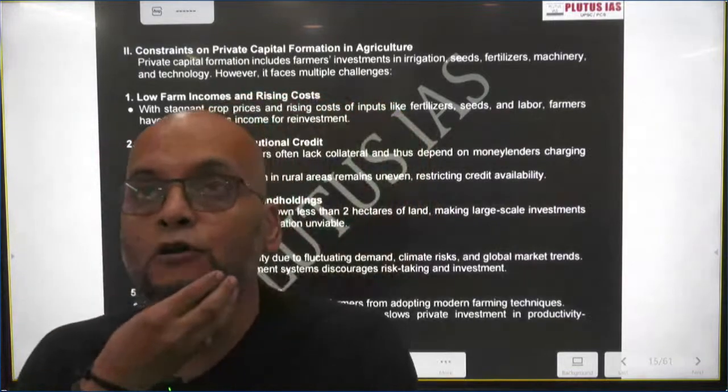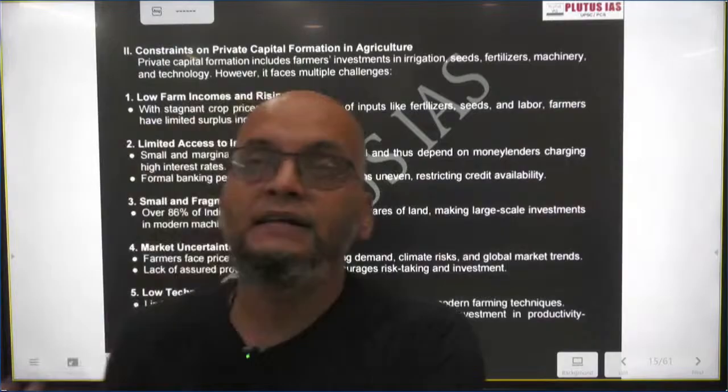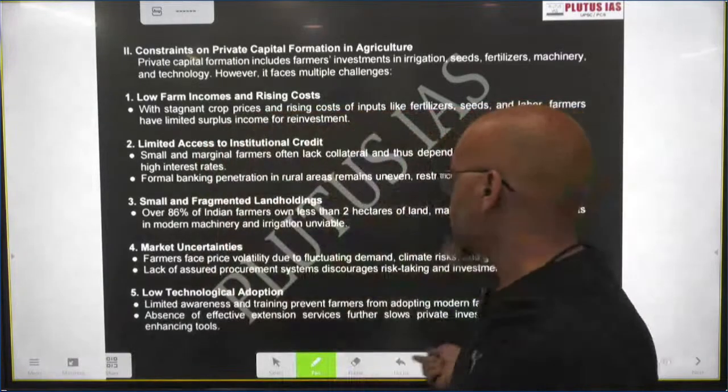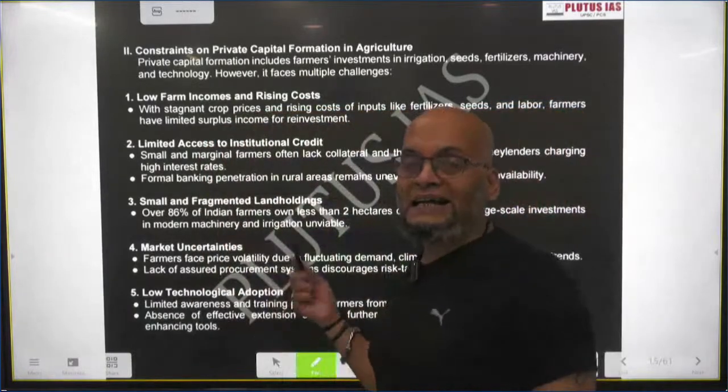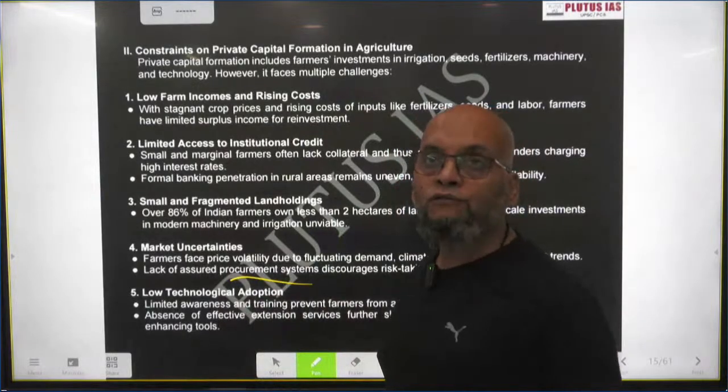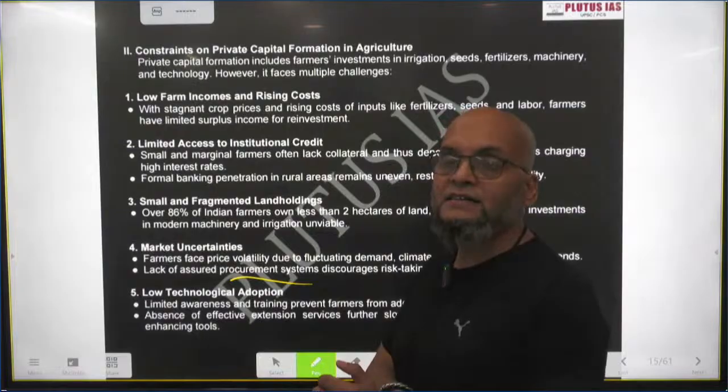It keeps on moving up and down. That is a discouragement. How to invest more when we don't know whether the product will be sold or not? Okay. Then there is no guarantee by government that government is going to procure the produce of farmers. That again creates the situation of uncertainty.